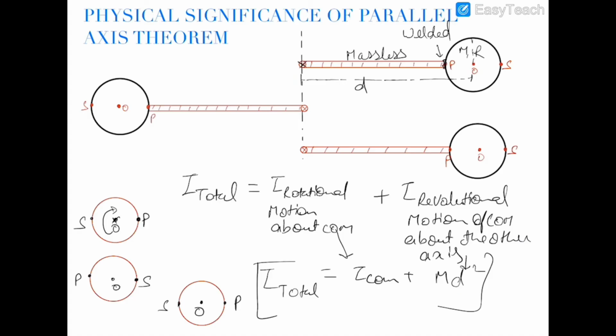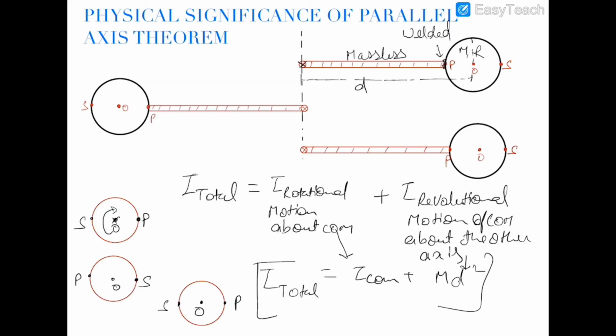So when a system is rotating about an axis which is not passing through the center of mass, but that axis is parallel to the axis which is passing through the center of mass, then that system is performing two motions.